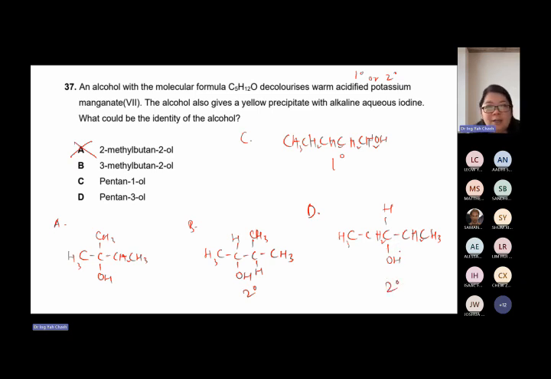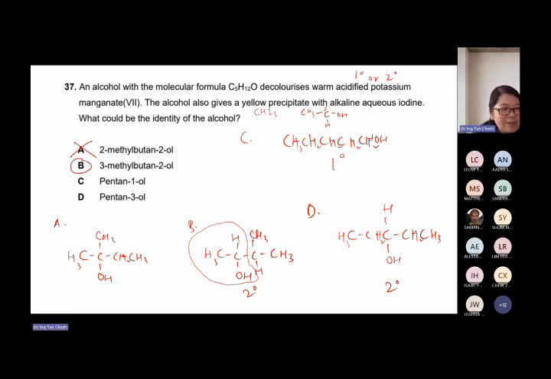Next, it gives a yellow precipitate with alkaline aqueous iodine, so you must have the CH3CHOH structure. Let's look at B. Does it have CH3CHOH? Yes, and that yellow precipitate is triiodomethane, CHI3.